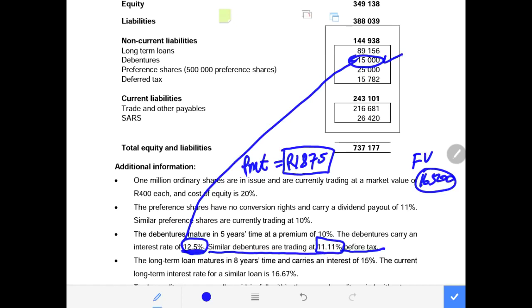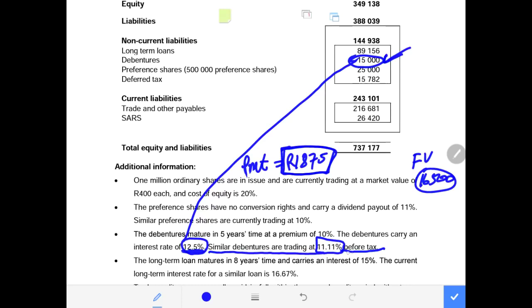So if we borrow money from the debenture holders, we expect that we must give them interest because they invested in our company, and they invested 15,000 rand. So we have to give them the interest on their investment, which is 1,875, an interest expense on our side.